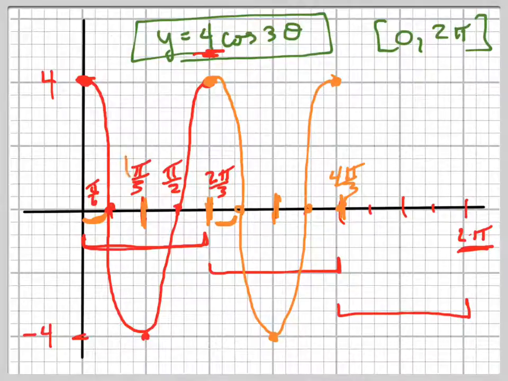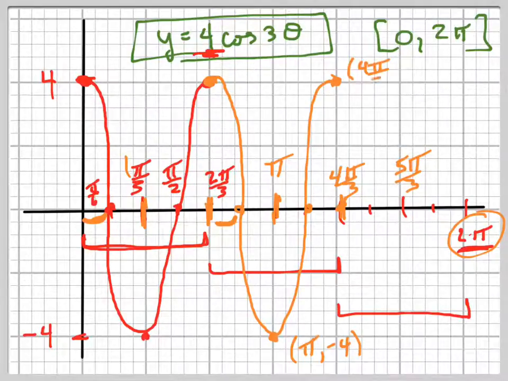So there's 1 pi over 3, there's 2 pi over 3, here's 3 pi over 3, which is just pi, here's 4 pi over 3, here's 5 pi over 3, and here's 6 pi over 3, which is 2 pi. See how that works? So this point down here is pi, comma, -4. This point up here is 4 pi over 3, comma, +4, etc.